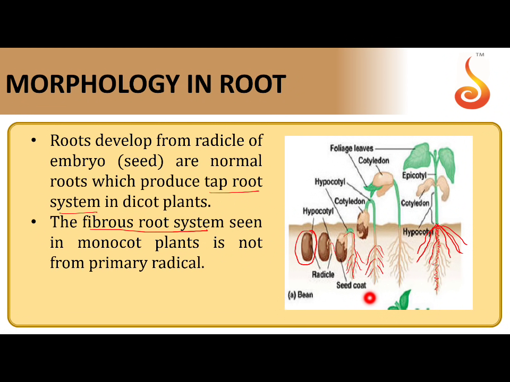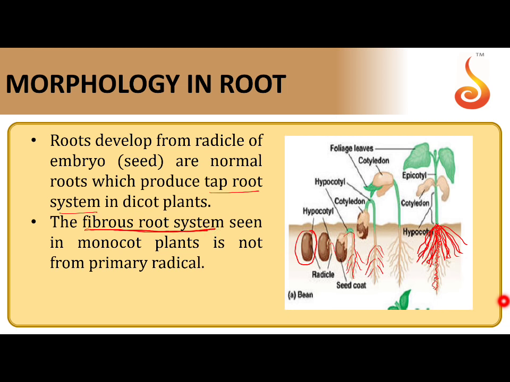I repeat my point. In the process of development, if the primary root is dying out, then obviously the secondary and tertiary root have to grow from the base of the stem, which will make the root system appear bushy. This is called as fibrous root system.